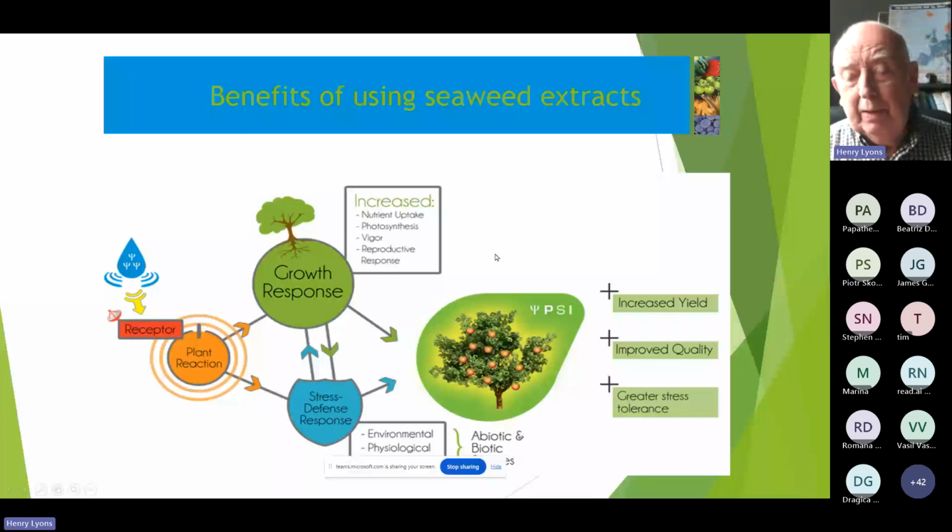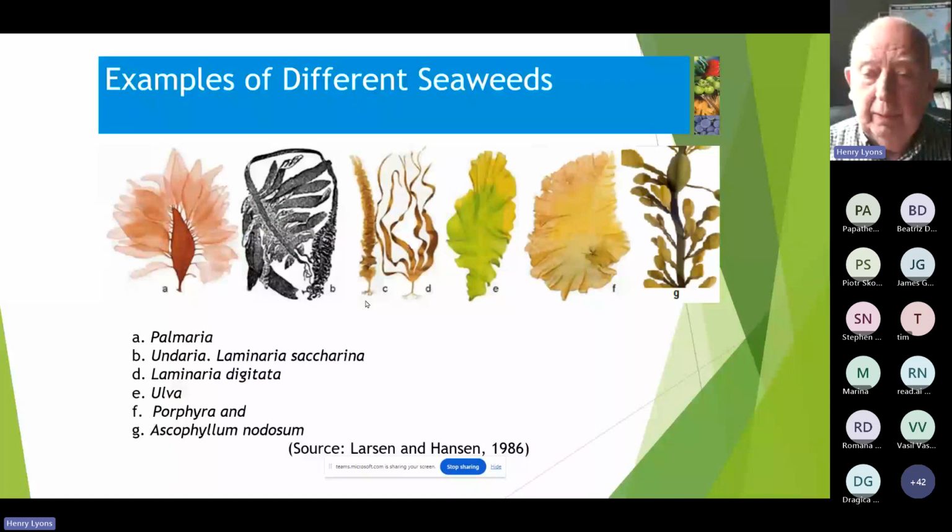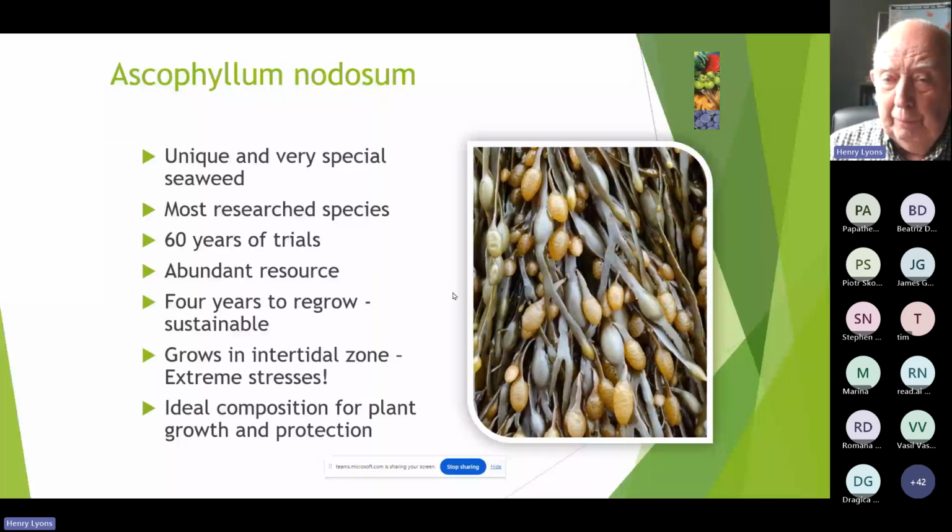Now, there are several different types of seaweeds. There are over 500 alone along the Irish coast, but the one that's best known is Ascophyllum nodosum, introduced by Maxicrop in the 50s in the UK. It's very widely used, but it's not the only one by any means. It's a very unique seaweed.